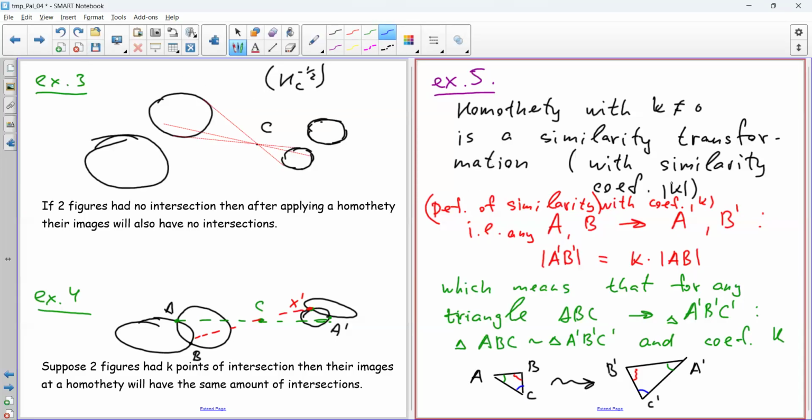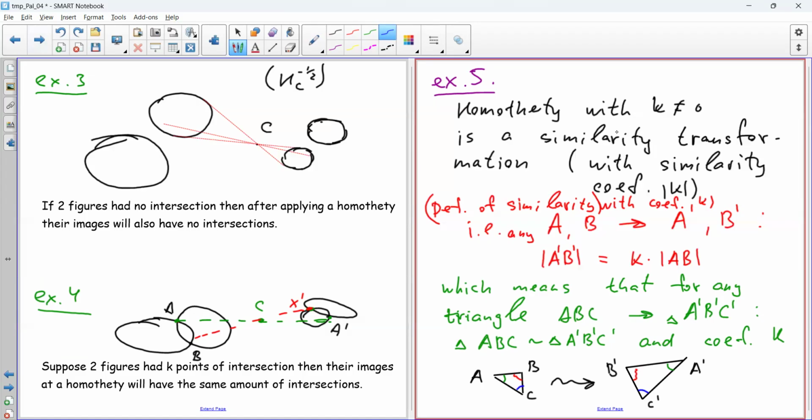So homothety, one of the primary properties is that homothety is a similarity, and that is quite straightforward. Why is that straightforward? You can check, but for example, for the segments, if we take one of these 2 points, the center of homothety, that would be just sort of part of definition, right?